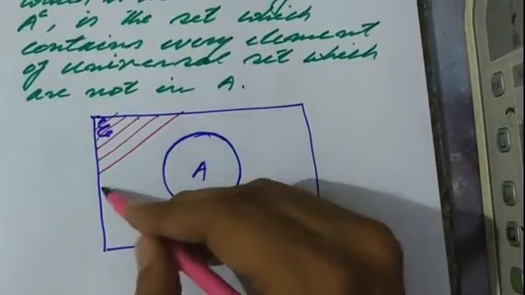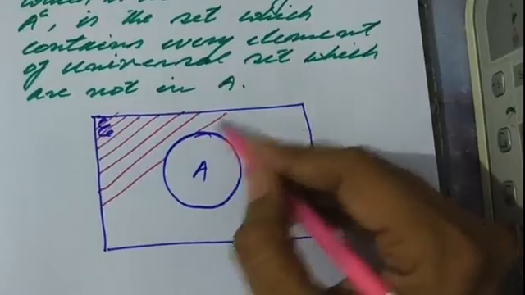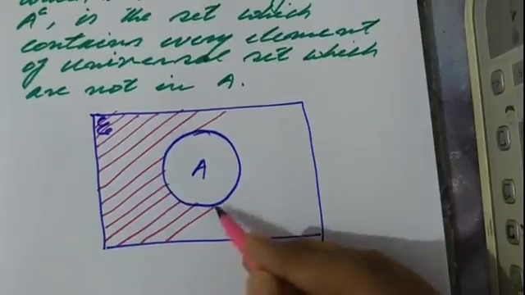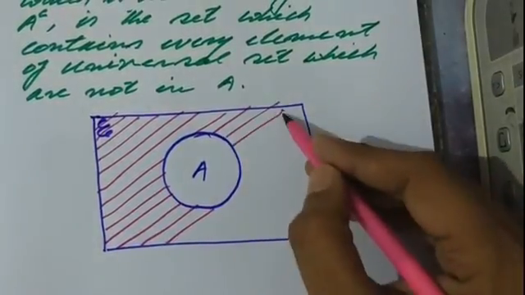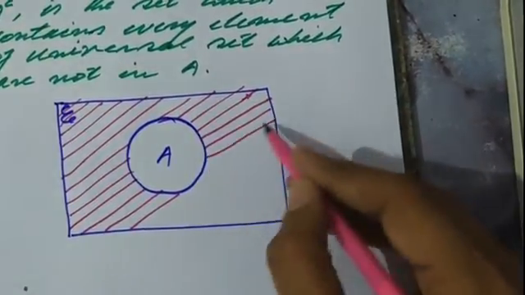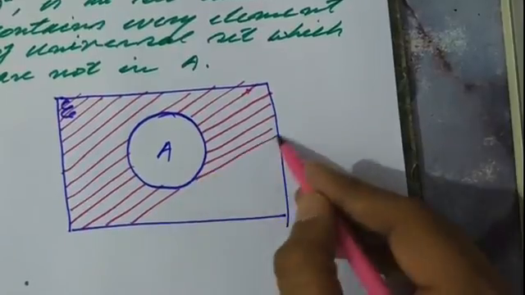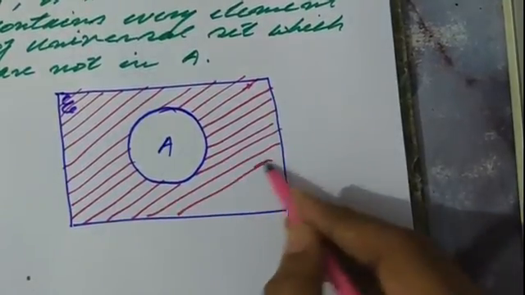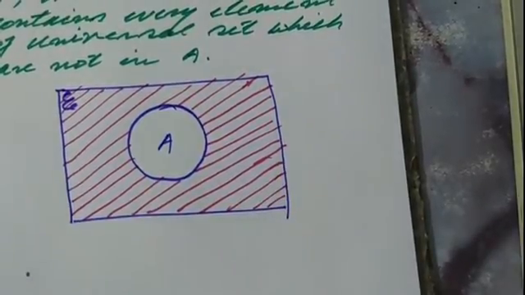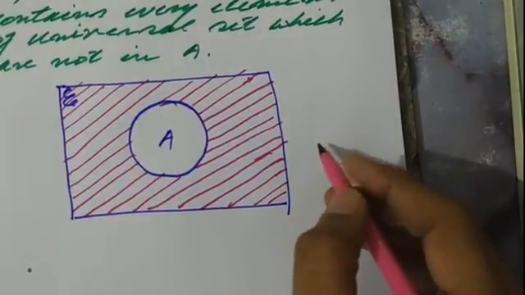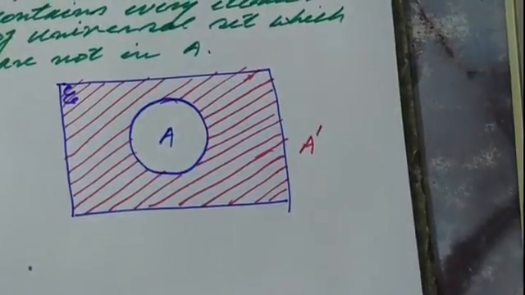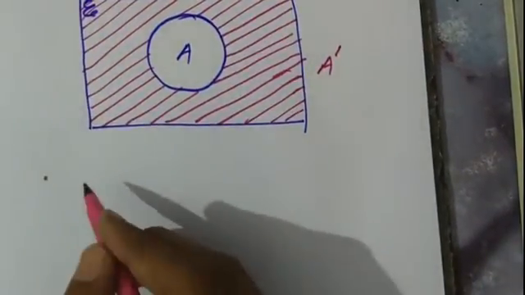Shade the whole universal set leaving the set A. So this shaded portion shows that set which contains every element of universal set which is not contained by A, that is complement of a set A which is denoted by A dash. So the shaded portion shows A dash.